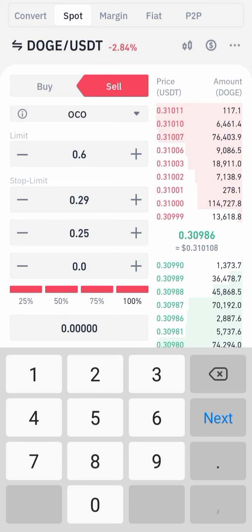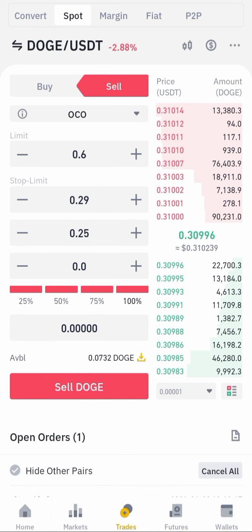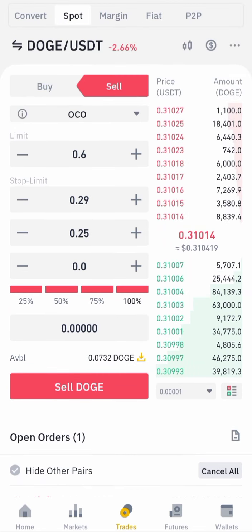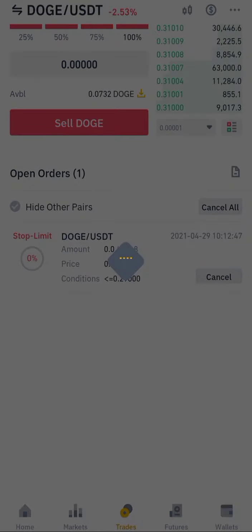It's not going to execute because we already have a pending stop limit order. Let's just cancel it so we can see how this works too.